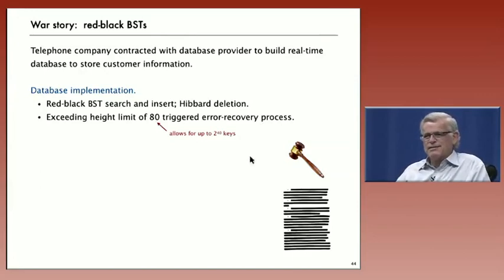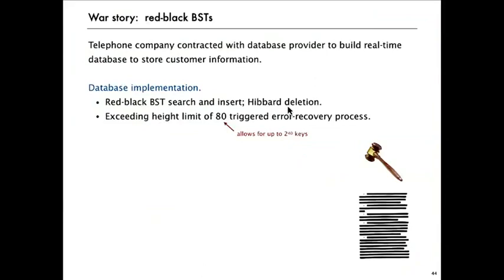So what they did in this implementation was they just put in regular Hibbard deletion in the Red-Black BST, not the deletion algorithm that's guaranteed to keep the constant black height all the time. But they still thought that it should be balanced and it shouldn't matter much.